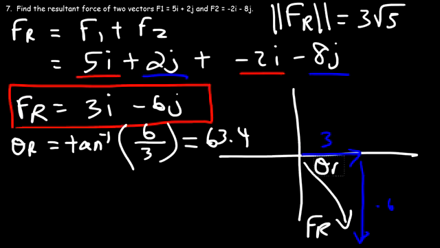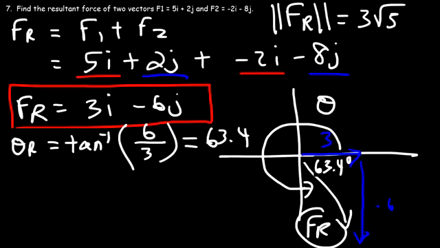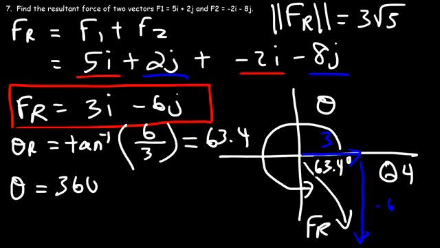Let me erase this. So this is 63.4 degrees. Now we need to find this angle, the angle that is counterclockwise, measured from the positive x-axis. Because our resultant force vector is in quadrant 4, the angle is going to be 360 minus the reference angle.